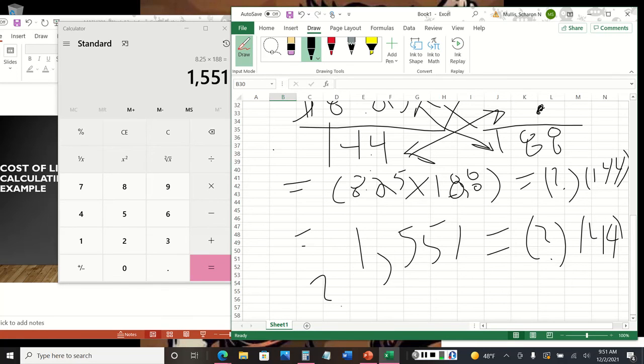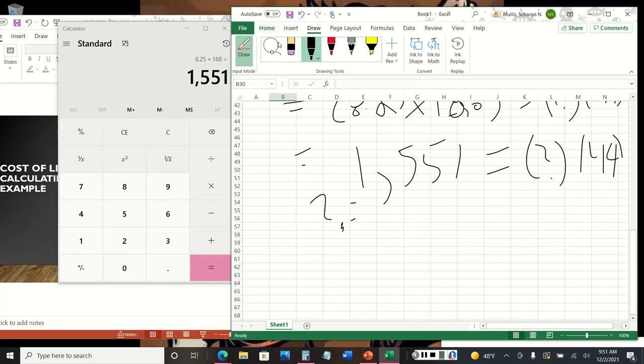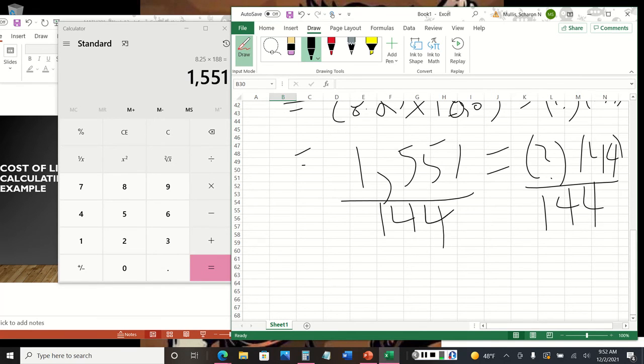So question mark equals, we need to divide both sides by 144. Let me erase this because I need a little bit more room. All right, so we're going to divide both sides by 144.